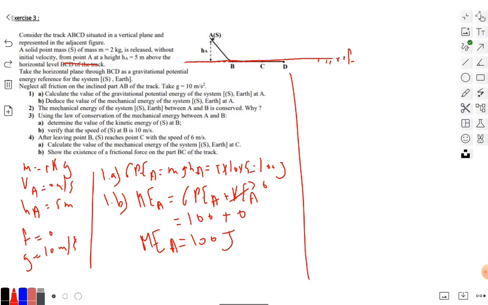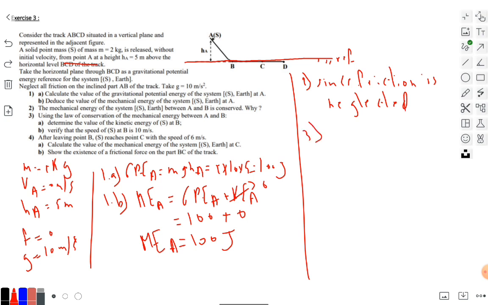Part 2, the mechanical energy of the system between A and B is conserved. Why? Since friction is neglected.